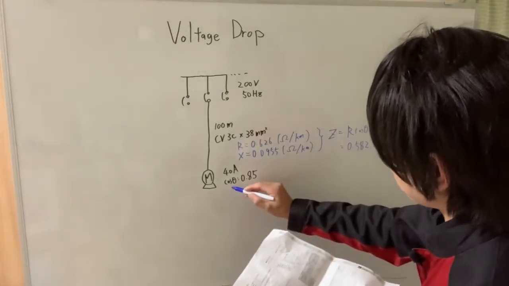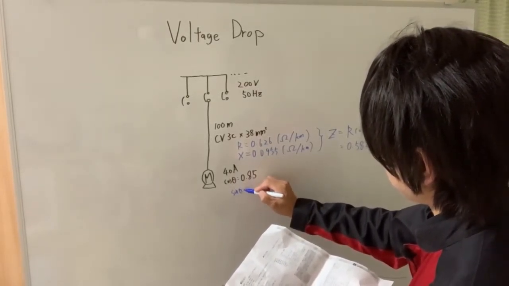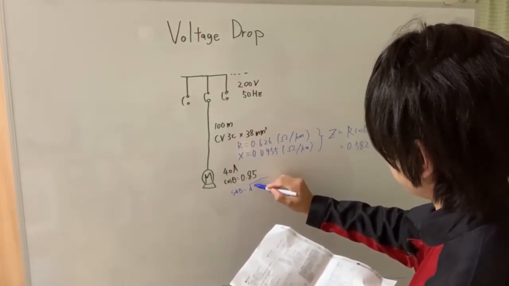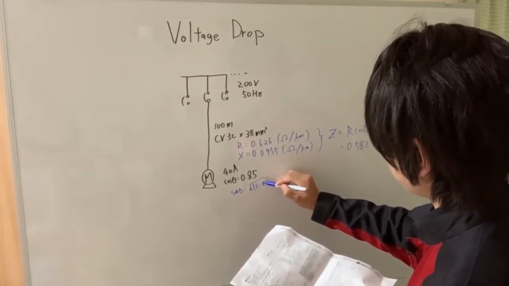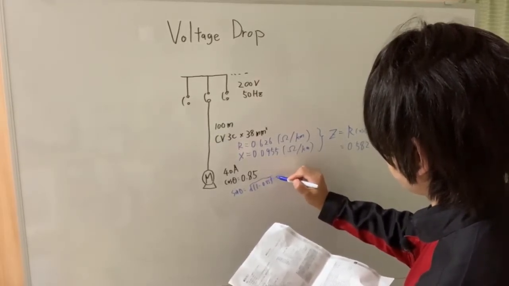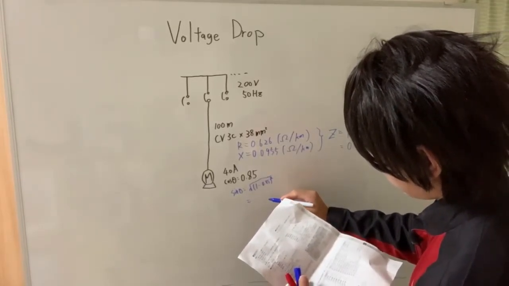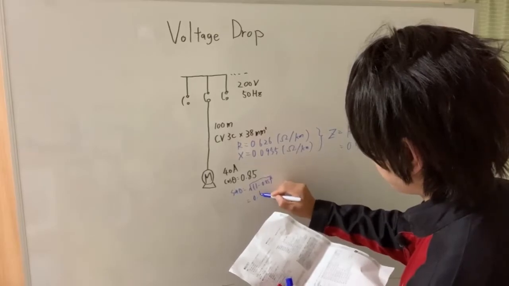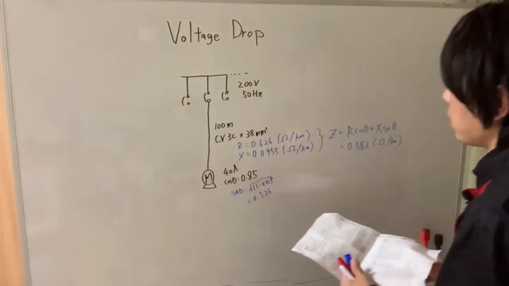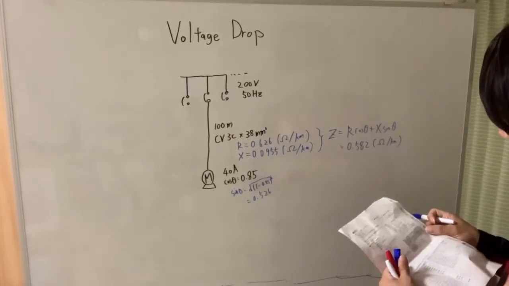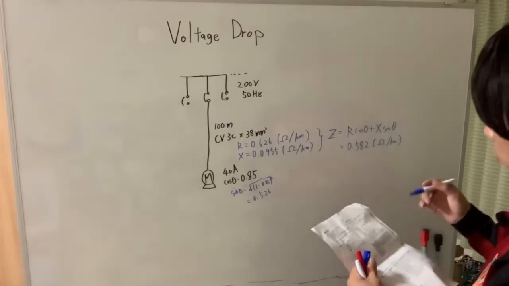By the way, sine theta is calculated here, 0.526. So how about the voltage drop?